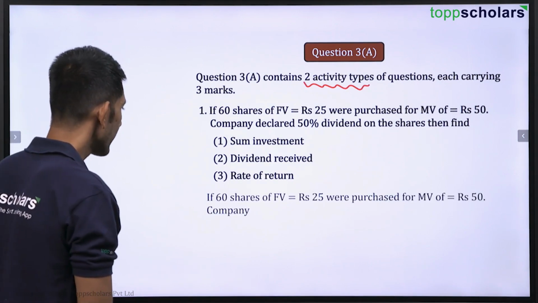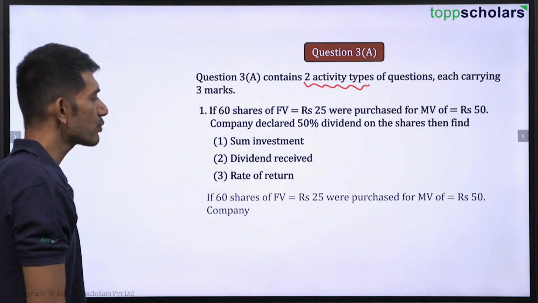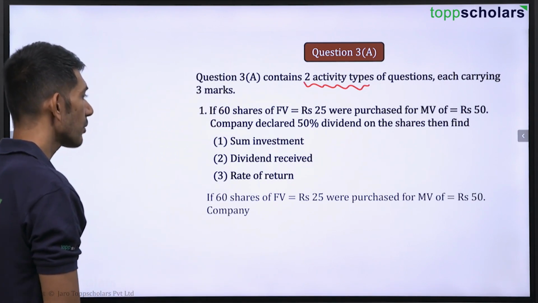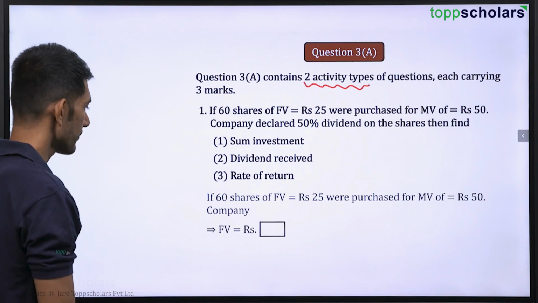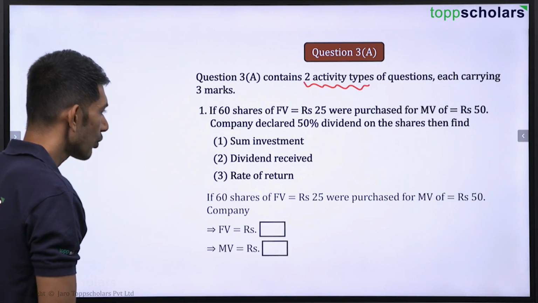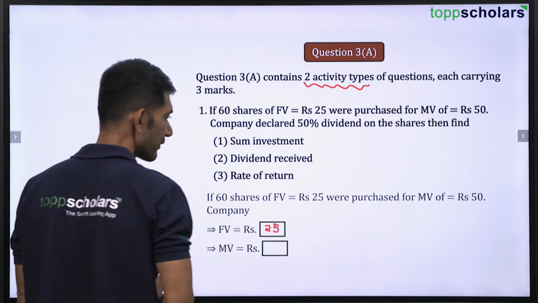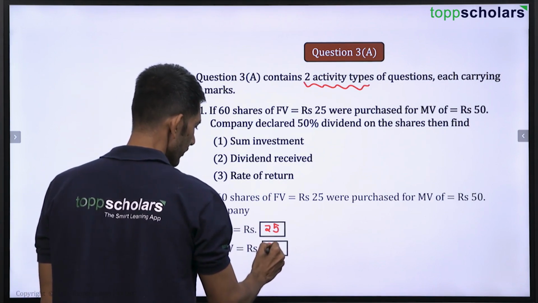So firstly, what is given? 60 shares of face value of rupees 25 were purchased for market value of rupees 50. So face value is already given, rupees 25. What is the market value? The market value is rupees 50.